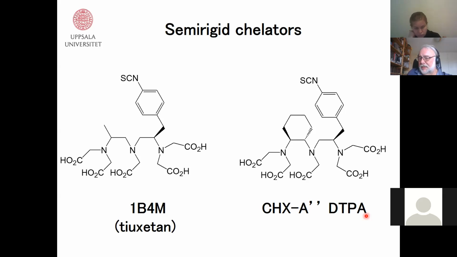Now it's commercially available at a reasonable price from a company called Macrocyclics, and I evaluated it once upon a time with copper, with lutetium, and came to conclusion that with indium, there is no difference between stability of CHX-A''-DTPA and DOTA.